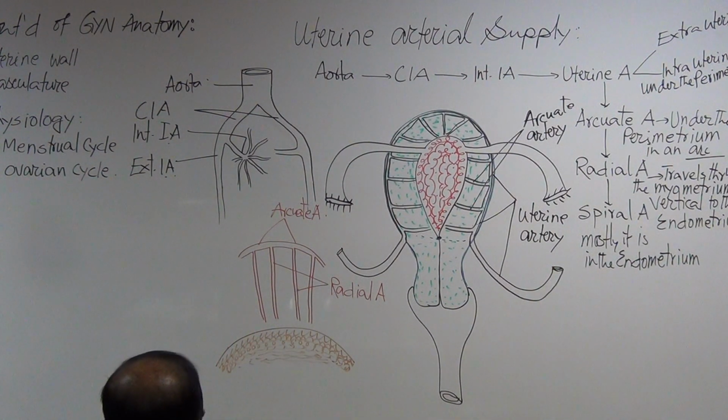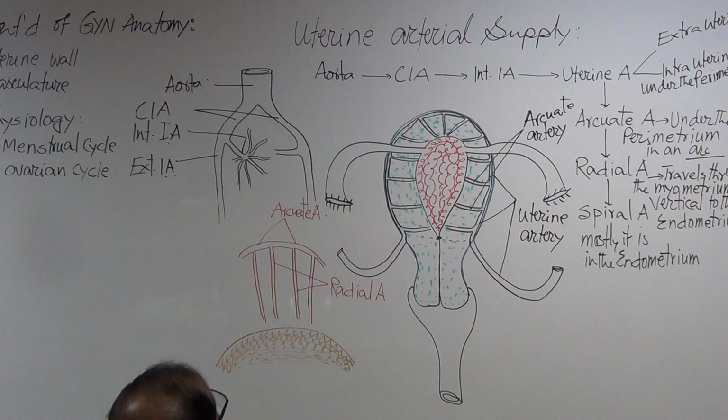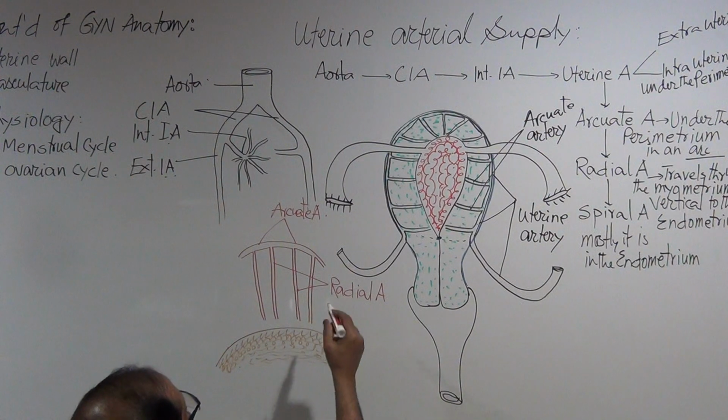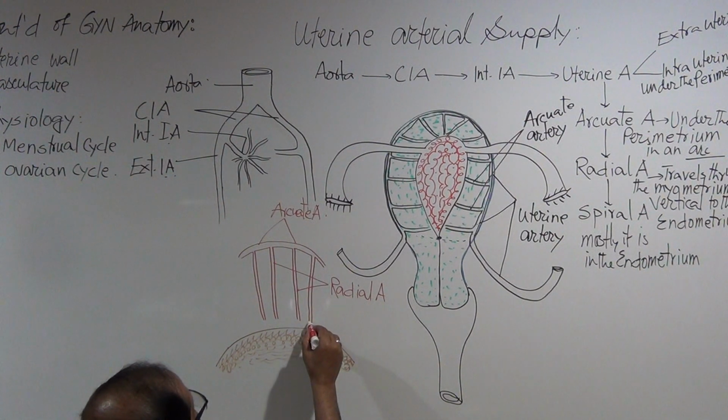Okay, this is endometrial bed, and from the tip of the radial artery there is spiral artery.